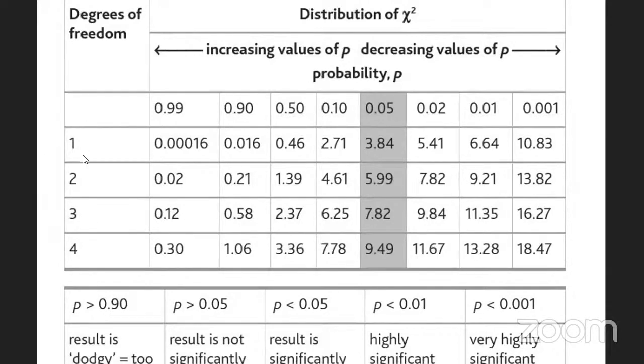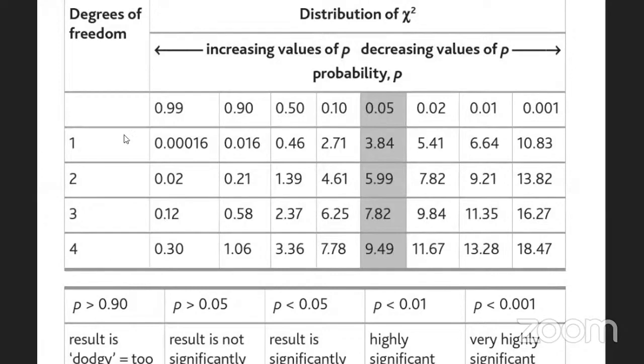For biology, of these probability readings up here, we use 0.05. If this should come on the exam, do not worry about these other readings. We are interested in degrees of freedom and this column with the probability 0.05.